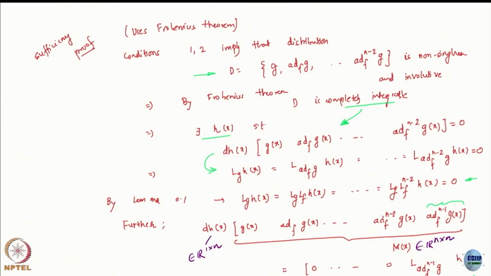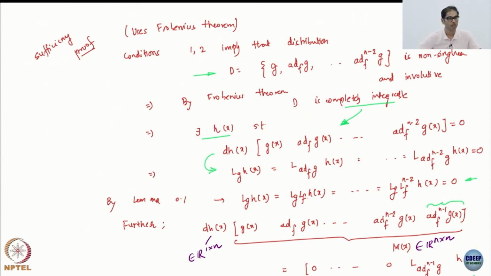But we looked at the key applications, and that's of the Frobenius theorem, which is essentially saying that involutivity and complete integrability of this distribution are equivalent.